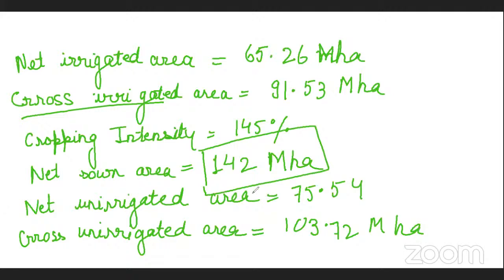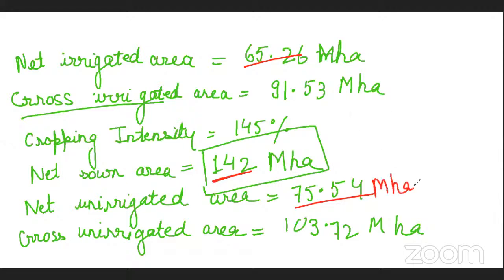Out of this 142 million hectare, how much are we irrigating? We are irrigating 65.26 million hectare. And how much are we not irrigating? We are not irrigating around 75.54 million hectare area.